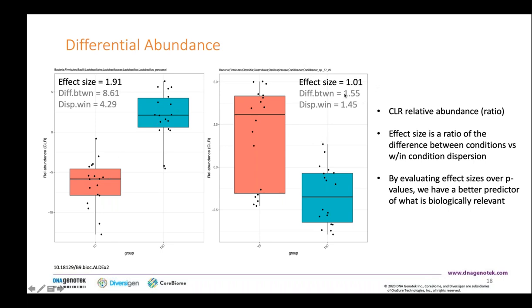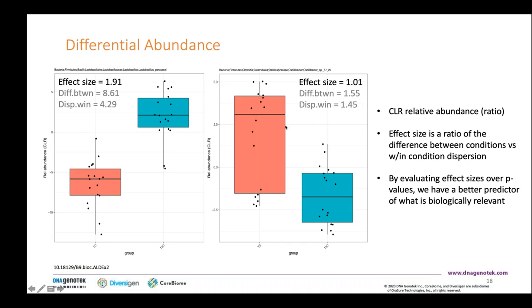For an effect size of 1, which is just on the borderline of the cutoff criteria, the relative abundances of these taxa are overlapping. And so if you are trying to determine which biomarkers or which components are most valuable in interpretation, you'd probably look at this effect over this one.